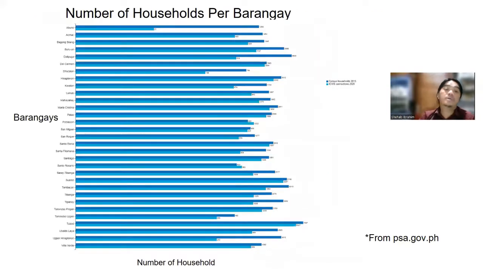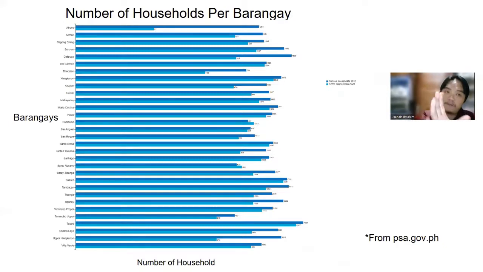Now, again, as I've mentioned, the residents that are connected to ICWS are just a portion of the total population of that barangay. So from this figure, we can see that not 100% are connected to the ICWS.